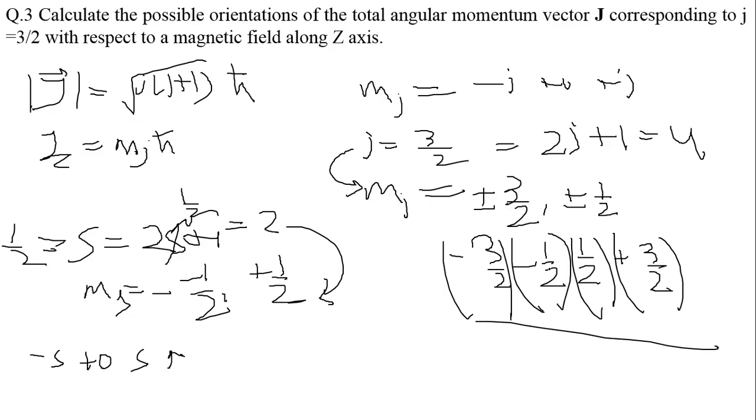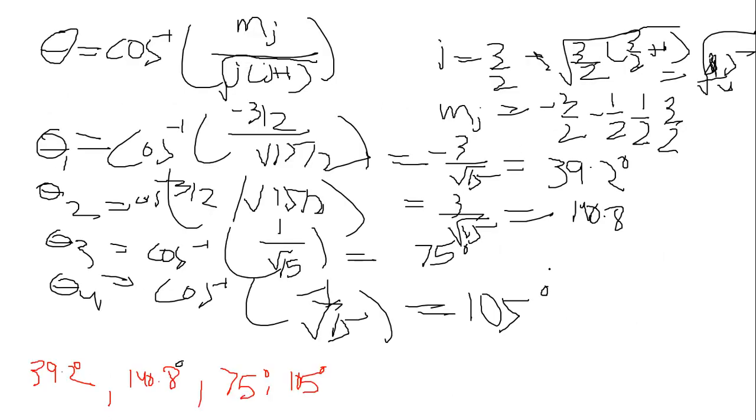So corresponding to each value of mj, there will be an orientation of the total angular momentum vector. Suppose this is magnetic field B, then there will be four orientations, one in this direction, one in this direction, one in this direction, and one in this direction.